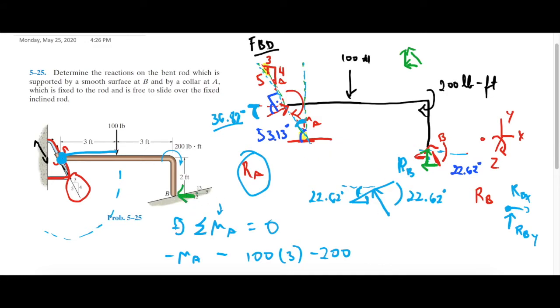So the x component is going to cause, let's just say this is the x component, right? We can move this force closer to the point of interest just to get an idea. That is totally valid. If we move it, it's going to want to rotate us also clockwise. So minus RB.